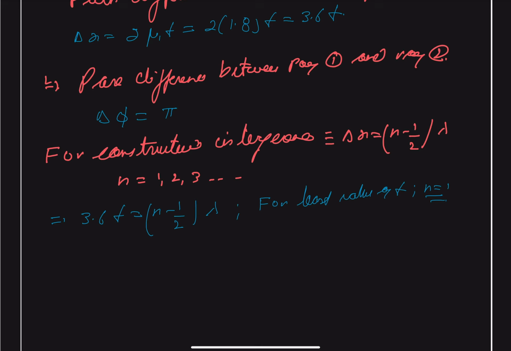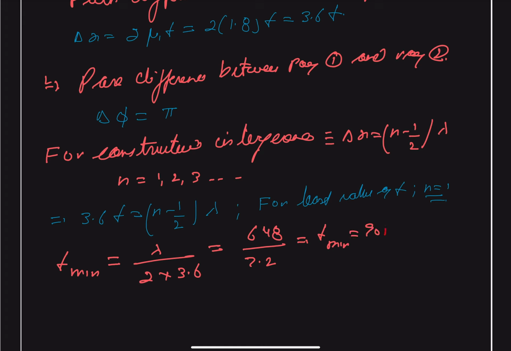Therefore, we get the least value, T minimum, will be equal to lambda divided by 2 times 3.6, and lambda we already know is 648, divided by 7.2, giving us T minimum equal to 90 nanometer.